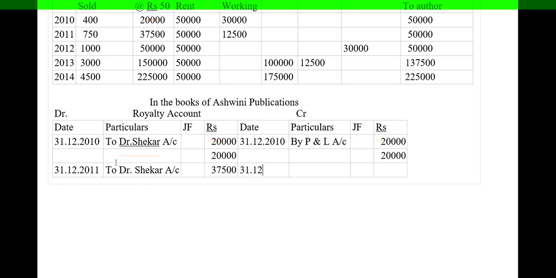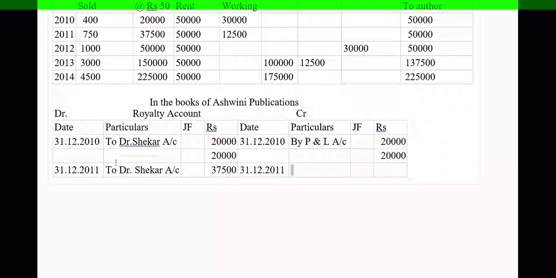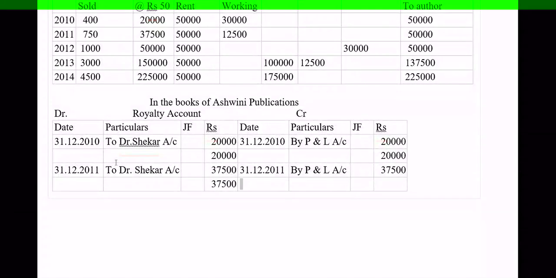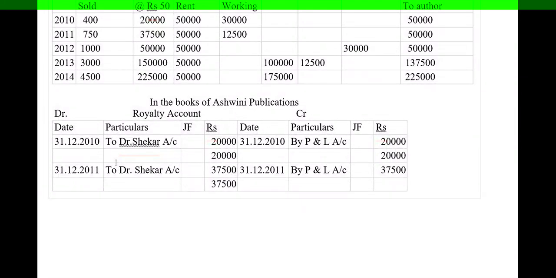On 31st/12/2011, this is transferred to P&L account. So profit and loss account debit to royalty account. So royalty account is credited by P&L account. So this is 37,500. Now let's do the totaling here. So here also 37,500.